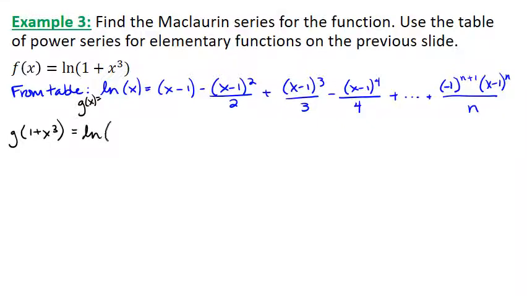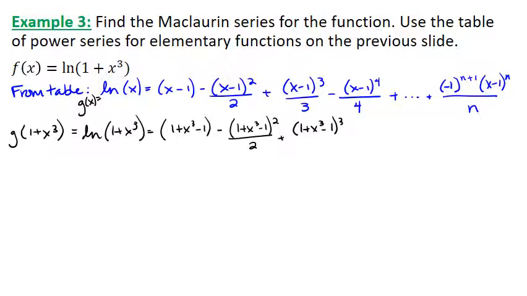Let's do the natural log first. Okay, so plugging this in, 1 plus x cubed minus 1, then 1 plus x cubed minus 1 squared all over 2 plus. I think you can follow along without me saying what is going on here.